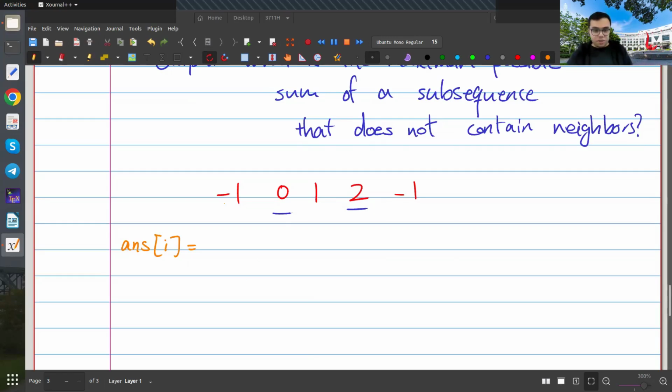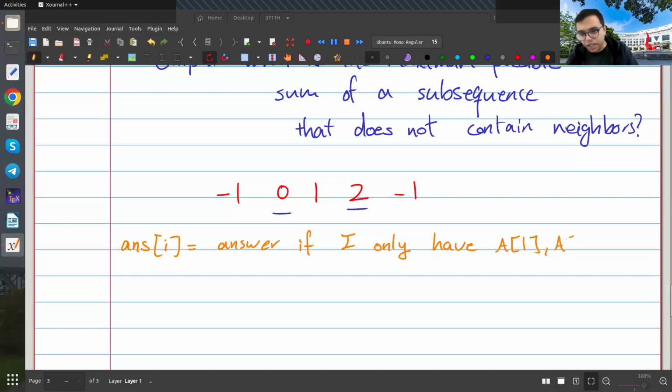Okay, so the answer to the problem if I only have the elements A1, A2 to AI. If I only have these, what is the maximum sum that I can find? But of course, I still have the requirement that I cannot take two neighbors.